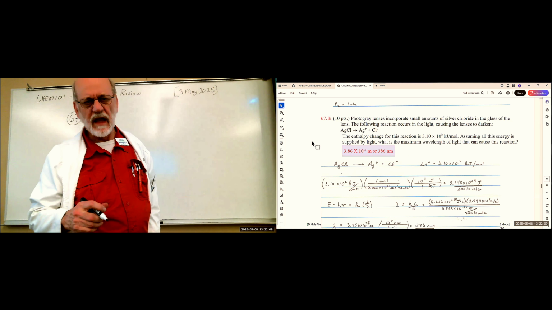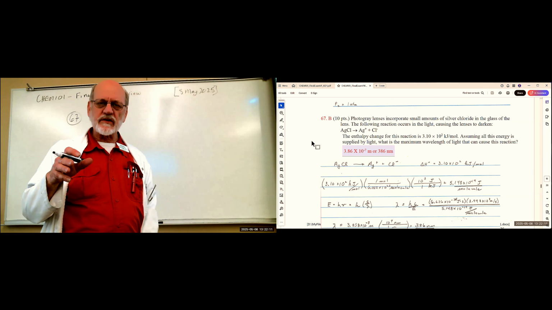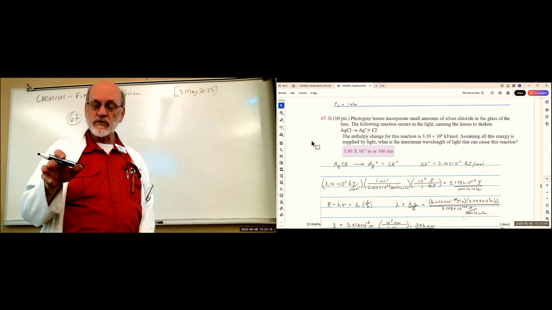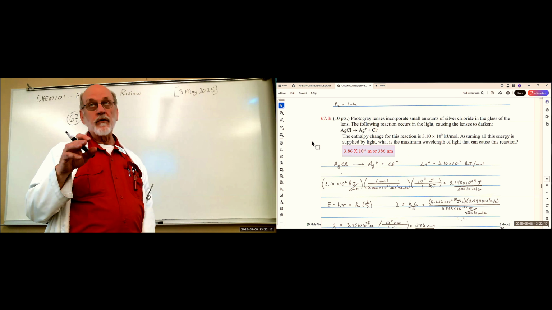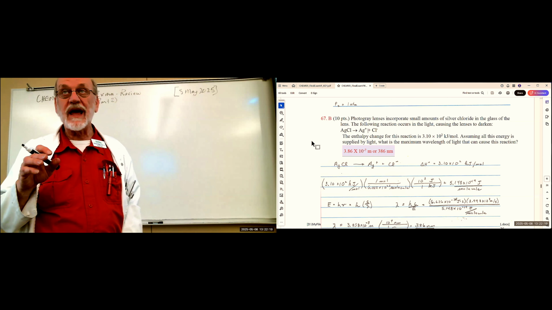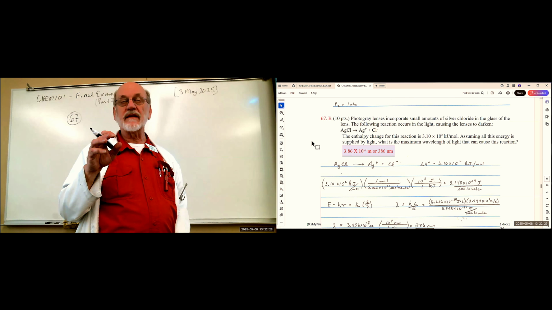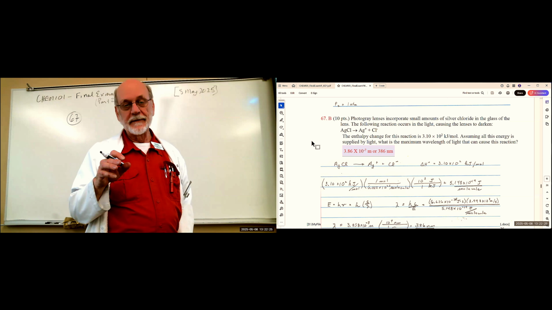Okay. The enthalpy of this reaction is 3.1 times 10 squared kilojoules per mole. If we assume that all the energy is supplied by light, what is the maximum wavelength of light that can cause this reaction?